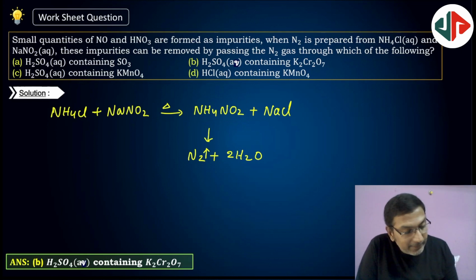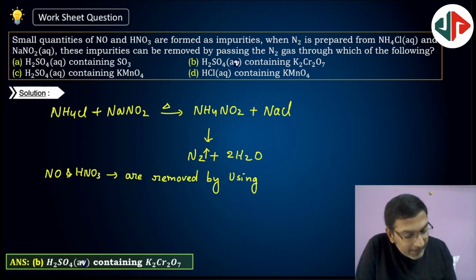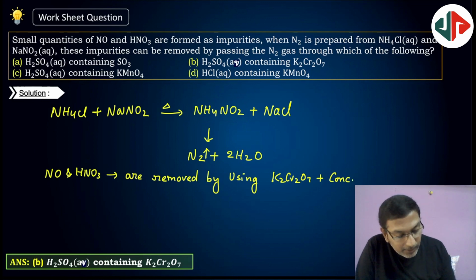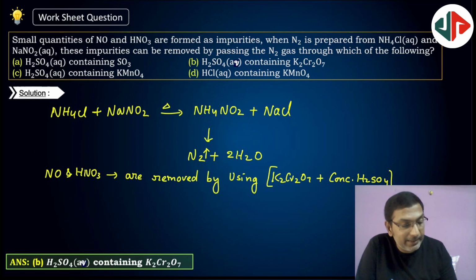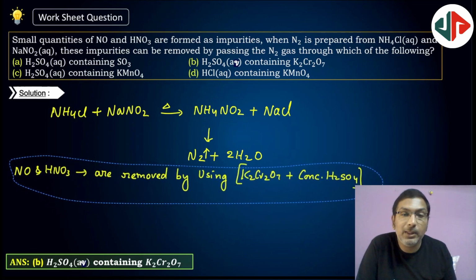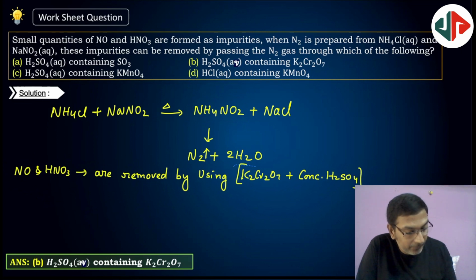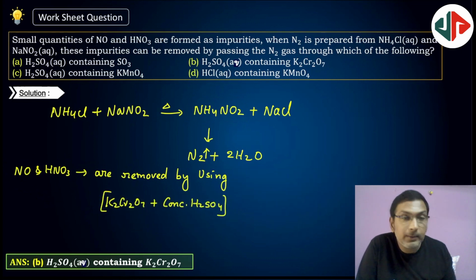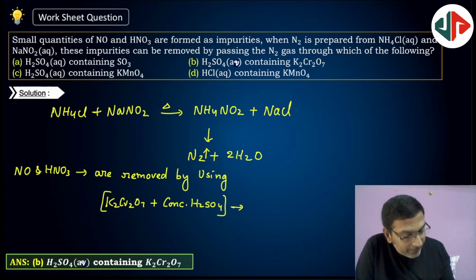So your impurities NO and HNO3 are removed by using K2Cr2O7 potassium dichromate with concentrated H2SO4 or aqueous H2SO4, which is known as chromic acid, powerful oxidizing agent. So that can remove almost all impurities, which is known as chromic acid.